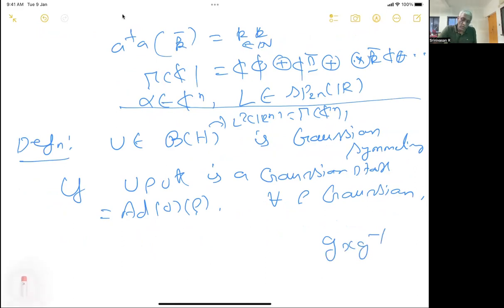For B(H), which is an algebra, it need not be in this form, it is not given by any of these U. All these U give a set of automorphisms which is a subgroup of all automorphisms. The group of automorphisms is very big, and the inner automorphisms are a subgroup. If an automorphism does not belong to that subgroup, then it is called an outer automorphism.